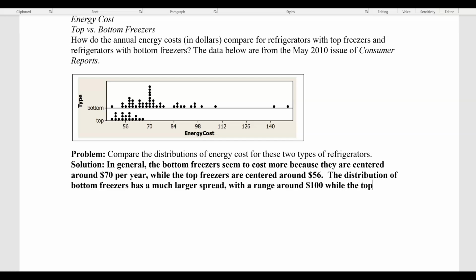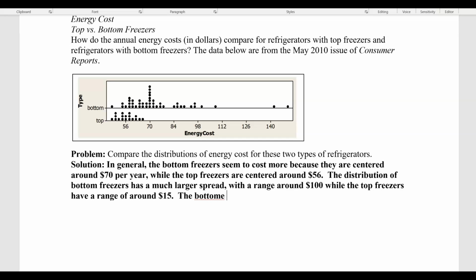While the top freezers have a range of about, let's see, that's 56 goes over 70, counting by 14s. So maybe down to 50 up to 60, a range of more like $15, if I had to estimate. So much larger spread.